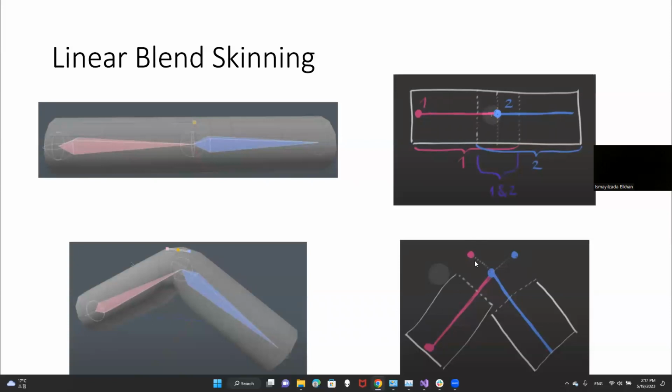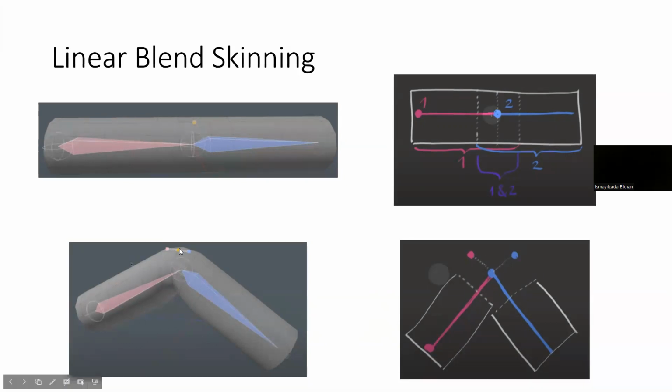So for the space around them, they will influence it equally. For a point, let's say, over here, after twisting, this red vertex would want to move it in this direction, and this blue would want to move it in this direction. Because they have similar weight, it will end up somewhere in the middle, as shown here.